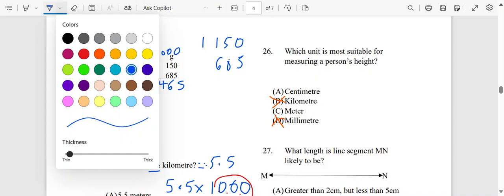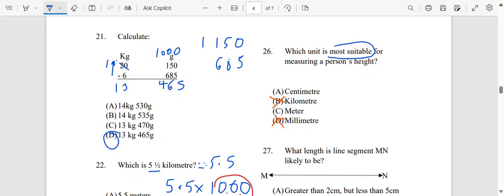Some persons chose centimeter, but they are asking you for what is most suitable. What is most suitable would have been meter, instead of centimeter, and that's the reason why we did not choose centimeter. All right, let's continue.